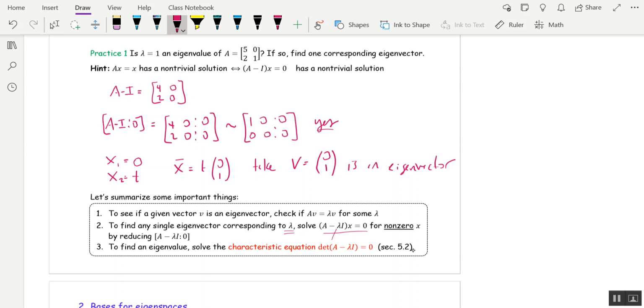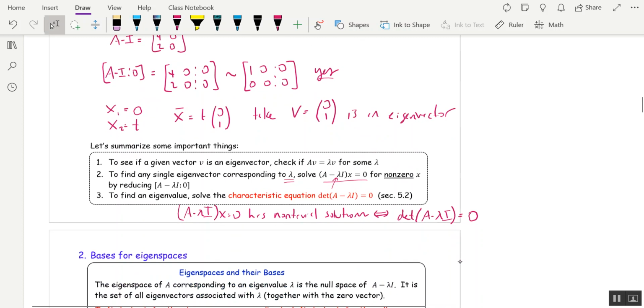So if you're looking for the lambdas for which this has a non-zero solution, by the IMT, A minus lambda I times x equals 0 has non-trivial solutions if and only if the determinant of that matrix is 0. Determinant of A minus lambda I equals 0.